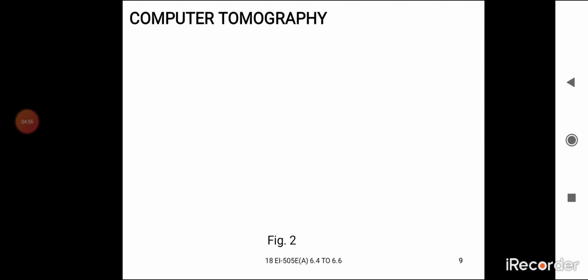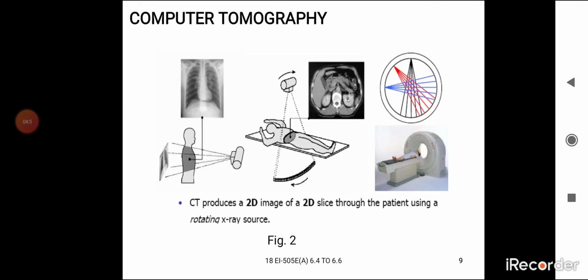Whereas computer tomography produces a 2D image of a 2D slice through the patient using a rotating X-ray source.